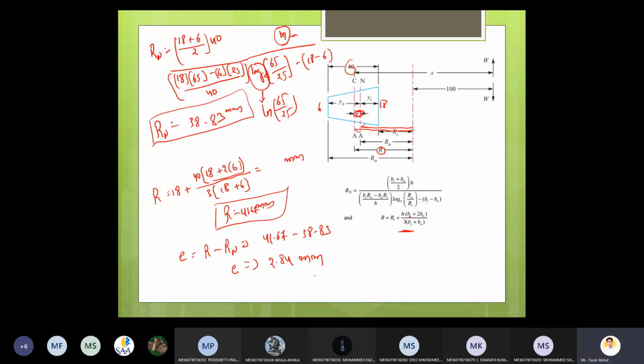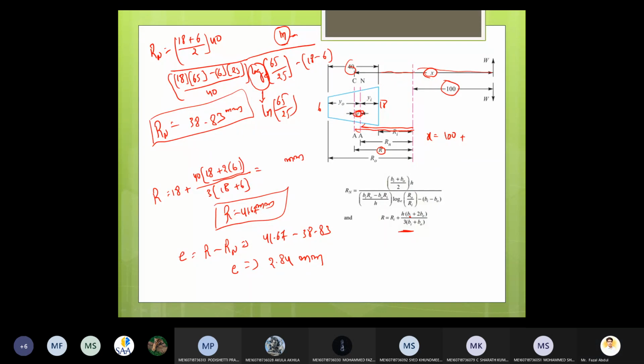Alright. Now eccentricity is calculated, and the x value. To get the x value, see here, it is the distance from the application of load to the center of the figure. From here to here we know it is 100, so x is 100, plus from here to here is 25.